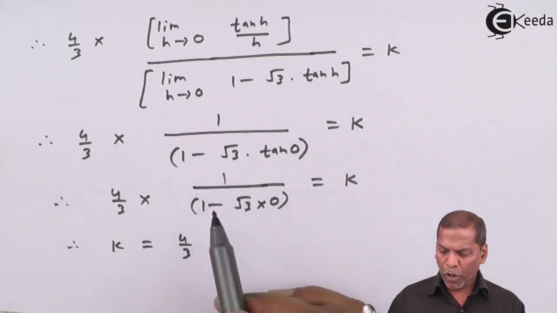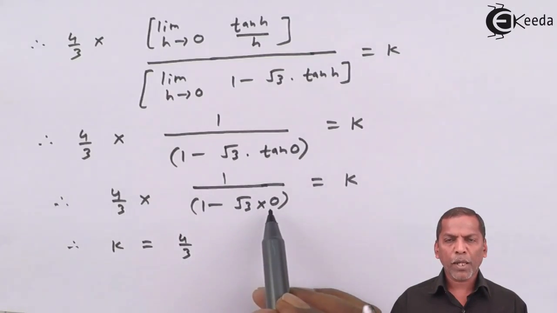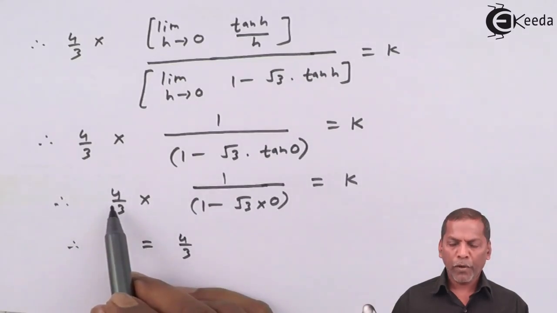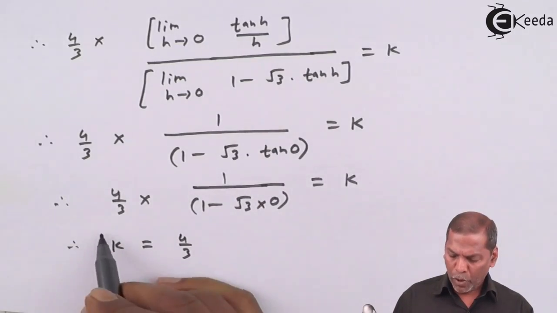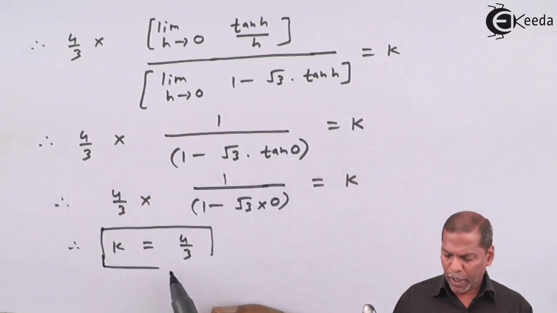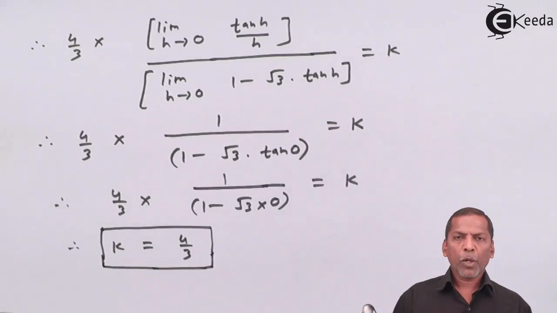Since 1 upon (1 minus root 3 into 0) gives us 1, and 1 into 4 upon 3, we get 4 upon 3. So in this way we get k is equal to 4 upon 3. So this is the required solution for the given problem. Thank you.